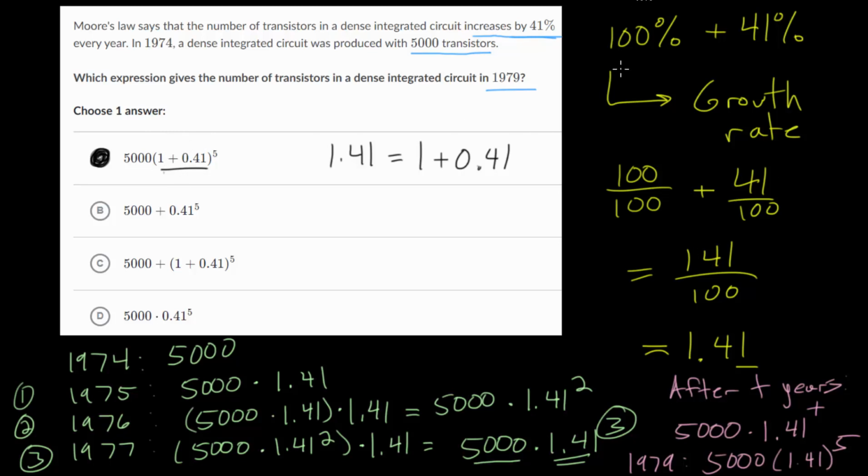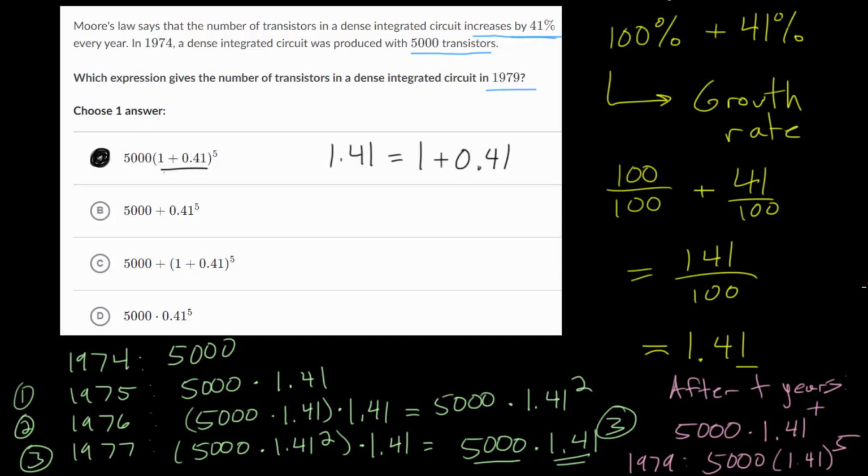Since notice that's essentially how we found the growth rate to begin with. You had this 100%, and then we added what we were increasing by. And you could even generalize it: if you were decreasing it by a certain amount, you would just subtract. So we have this 1 plus 0.41 for our growth rate here.